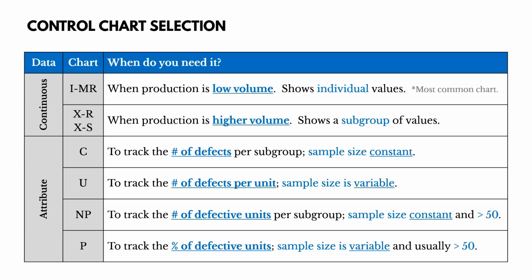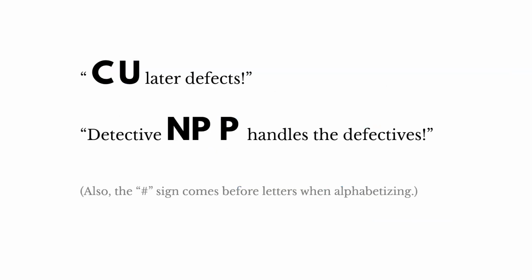So with the C, U, NP, and P, you've got to think about, am I tracking defects or defectives? And is my sample size constant or is it variable? That helps with your control chart selection. Now, if it's helpful, we put together this little device to help you remember the last 4 charts related to attribute data.